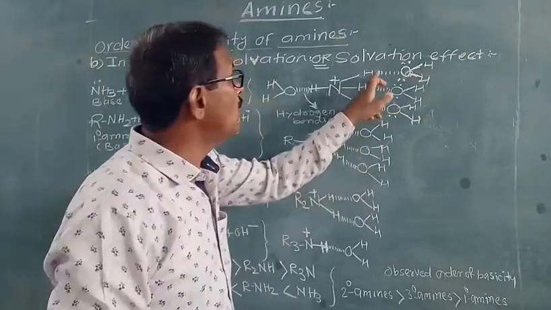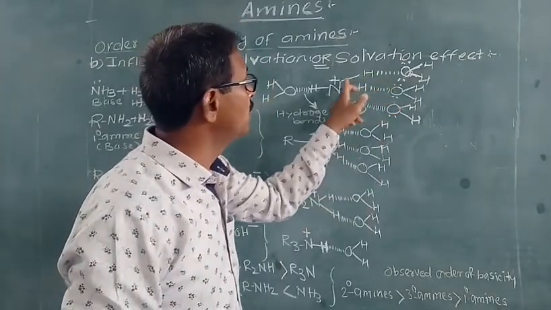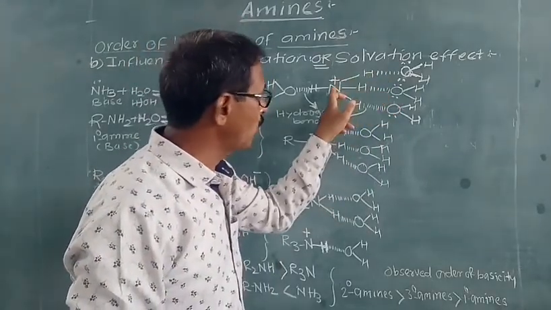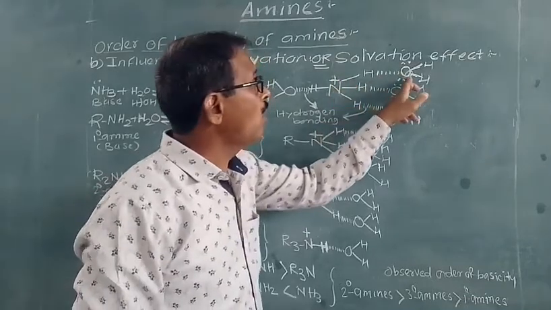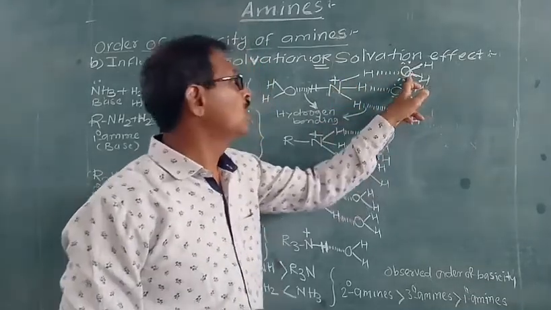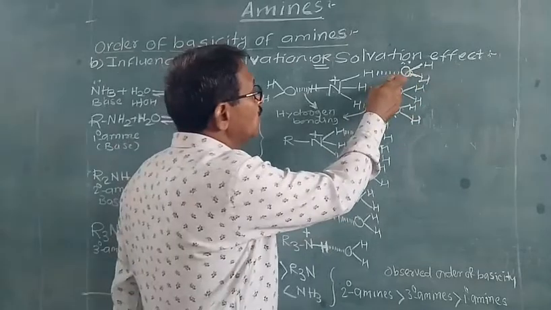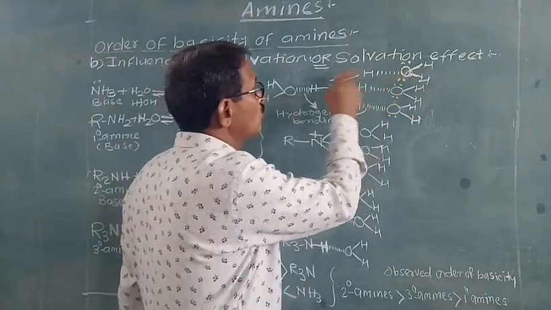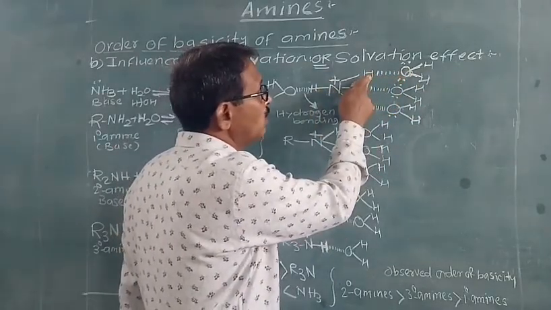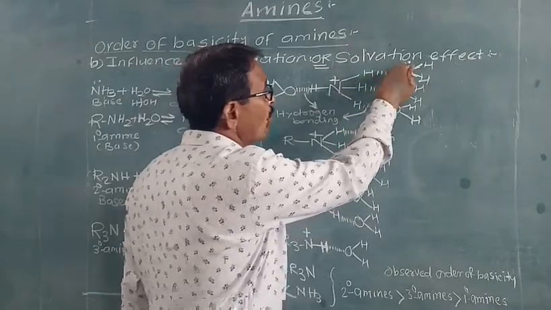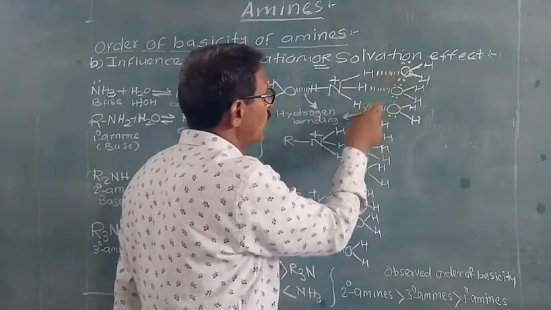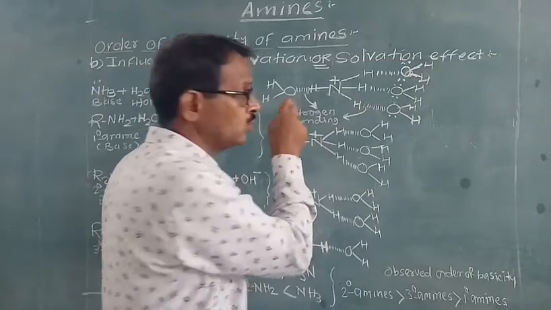A weak bond formation takes place between the hydrogen of this NH and the oxygen atom of this water molecule, and these weak bonds are known as hydrogen bonds or hydrogen bonding.